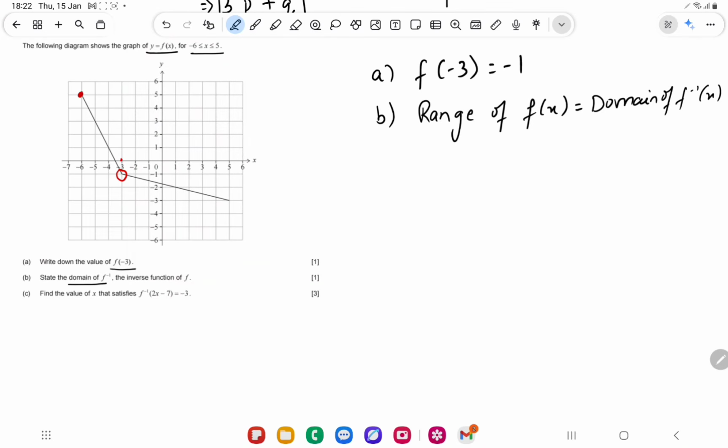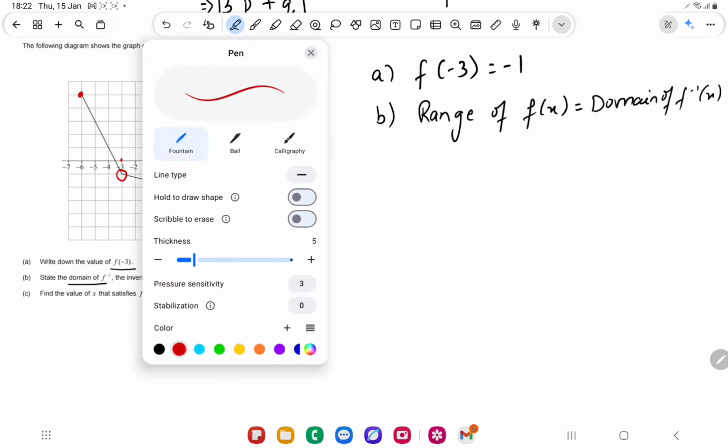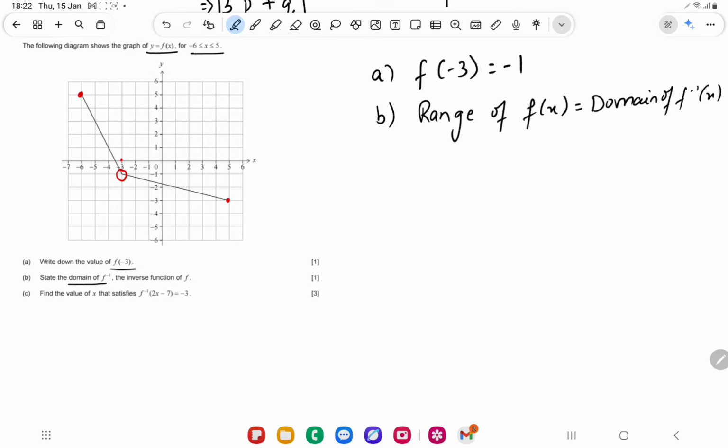So I am maximum going to 5 and minimum I am going to minus 3. So I can write it like this: minus 3 to, my x goes to 5. It means this is my domain of f inverse of x.